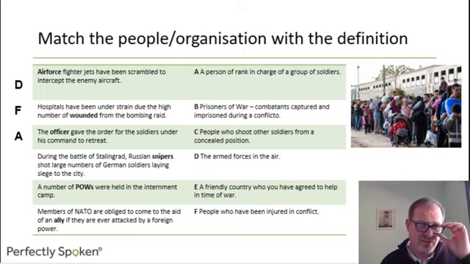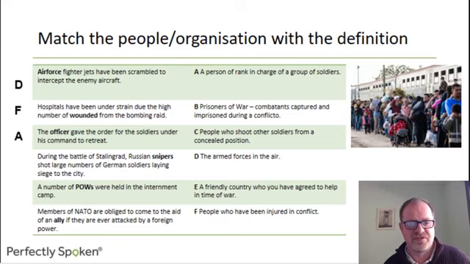During the Battle of Stalingrad, Russian snipers shot large numbers of German soldiers laying siege to the city. Stalingrad was a turning point in the Second World War, when the Germans were defeated by the Russians and the Russian winter as well, and had to retreat at great cost in terms of German soldiers and so on.